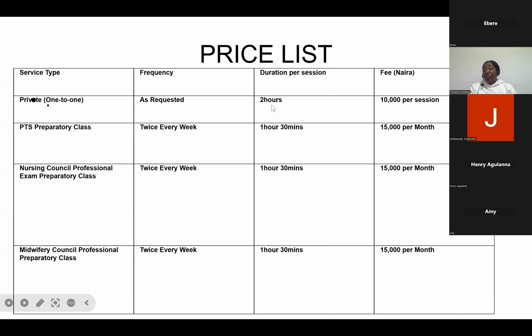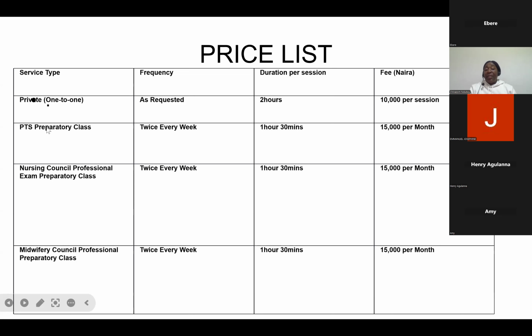But the person is going to pay per session, not per month. And each session of 2 hours, the fee is going to be 10,000 naira. It's very optional. All of them are optional though. But if you know what you're going to get from it, you'll see that it's very necessary you do it.